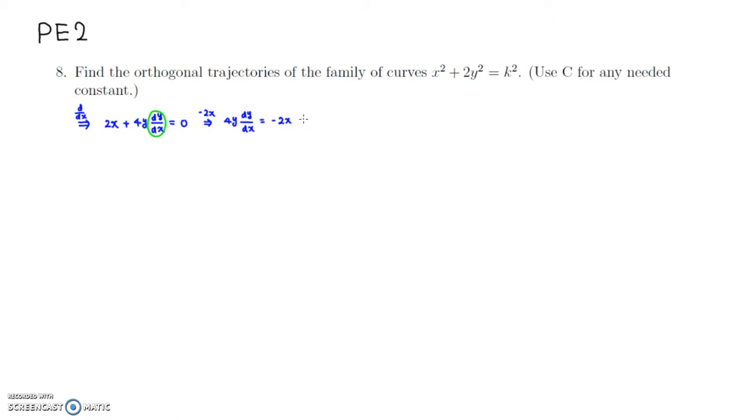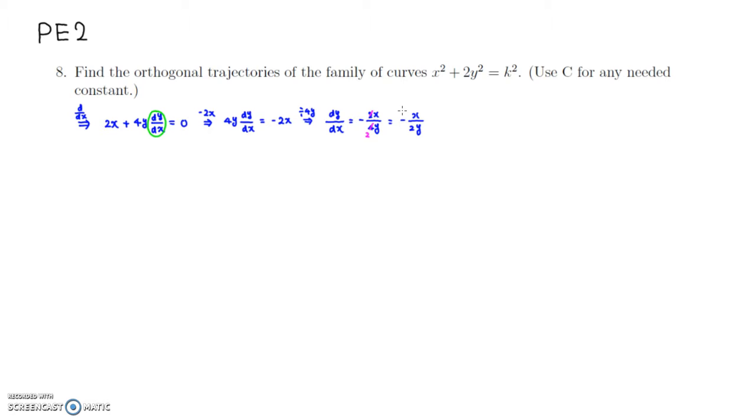Then we divide both sides by 4y, so dy over dx equals negative 2x over 4y. We can cancel 2 and 4, so you get negative x over 2y. This represents the slope of the tangent lines to these ellipses.